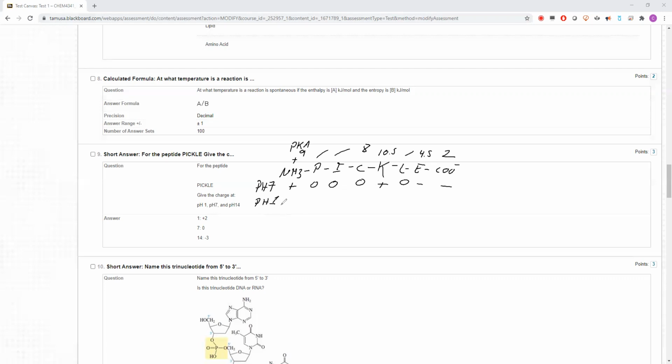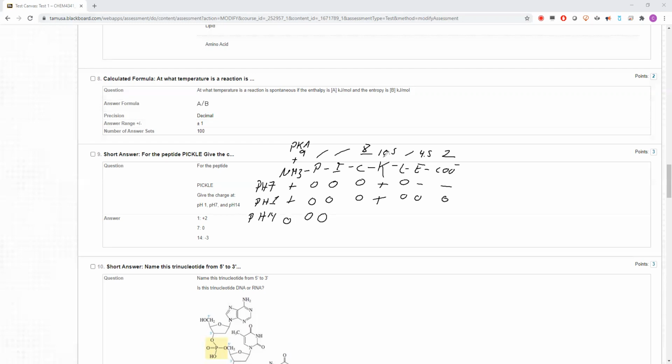Basically, when you go to low pHs, anything that is negative becomes neutral. So positive, neutral, neutral, neutral, positive, neutral, neutral, neutral. So that's 2.